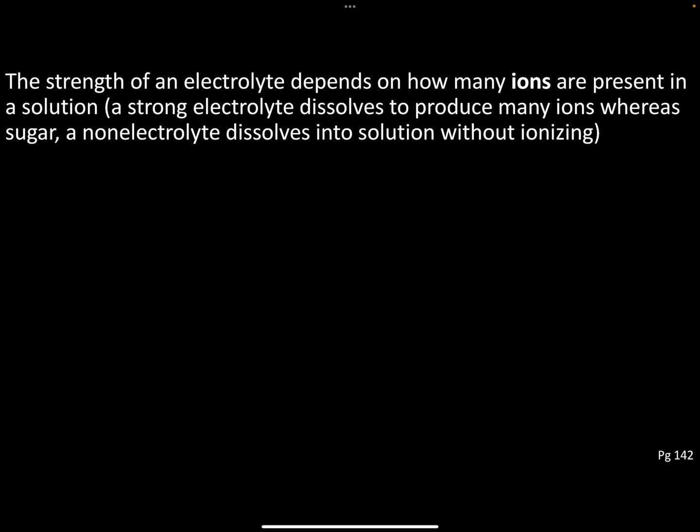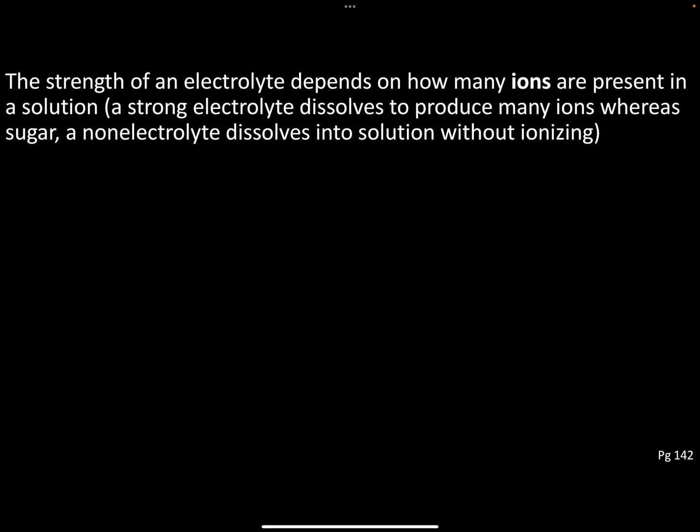A strong electrolyte dissolves to produce a lot of ions, whereas sugar, which is that sucrose, a non-electrolyte, dissolves into a solution without ionizing. So you can have something dissolve and not dissolve into ions, but it will not be an electrolyte, right? So that's kind of an important distinction.